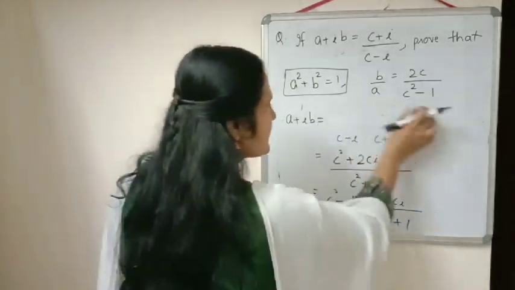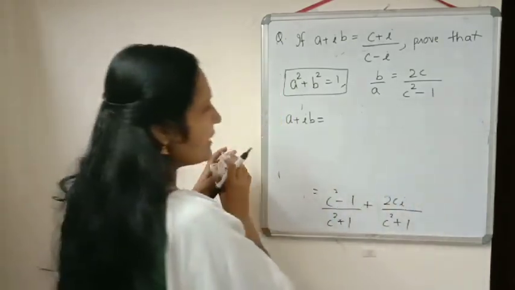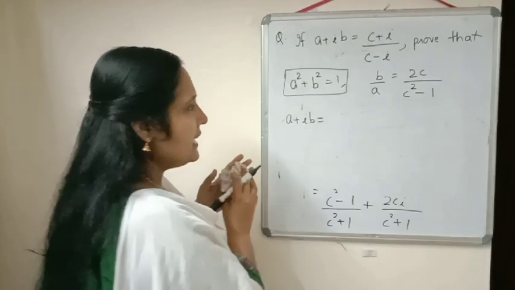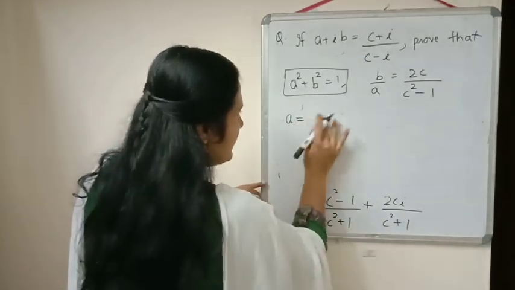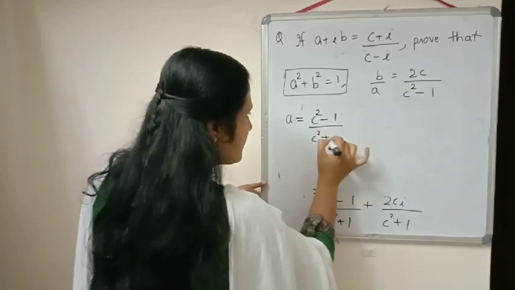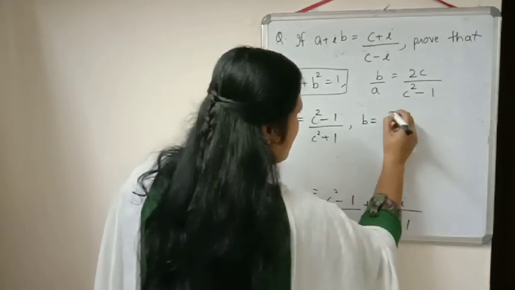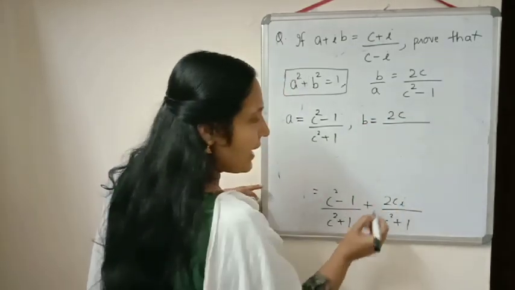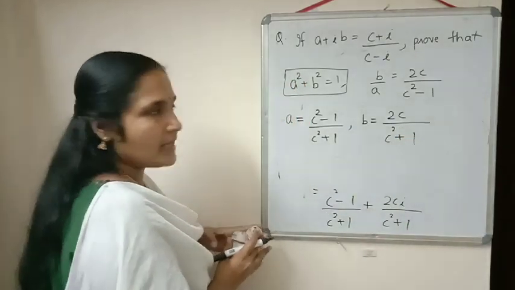When complex numbers are equal, what will happen? Their real part and imaginary part will be equal. Then we will get a equal to (c square minus 1) by (c square plus 1), and b equal to 2c by (c square plus 1), just the imaginary part only we are writing.